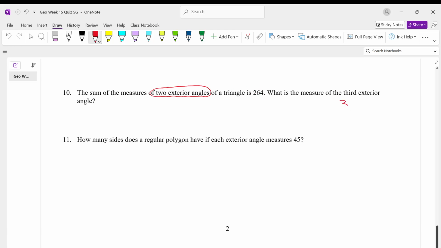So if you take 360 and you subtract 264, it'll give you the measure of the third angle. So 96 degrees. Remember, exterior angles of a polygon always sum 360.